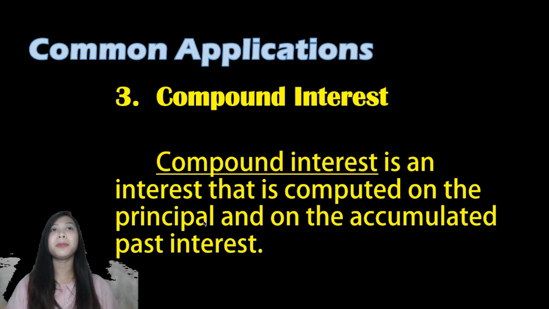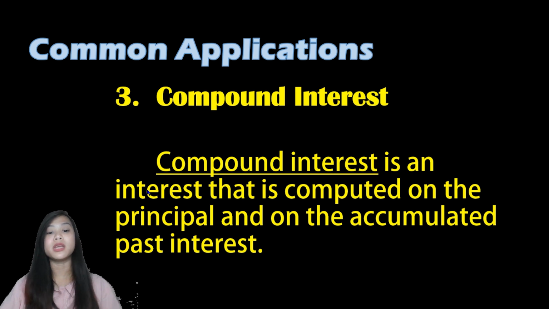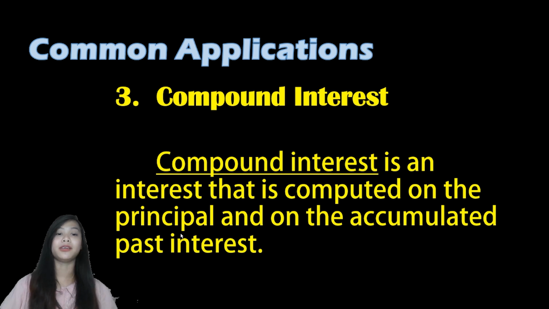Over a certain period it will accumulate interest, and if we accumulate the past interest together with the principal amount every year or over a period of time, that means compound interest.